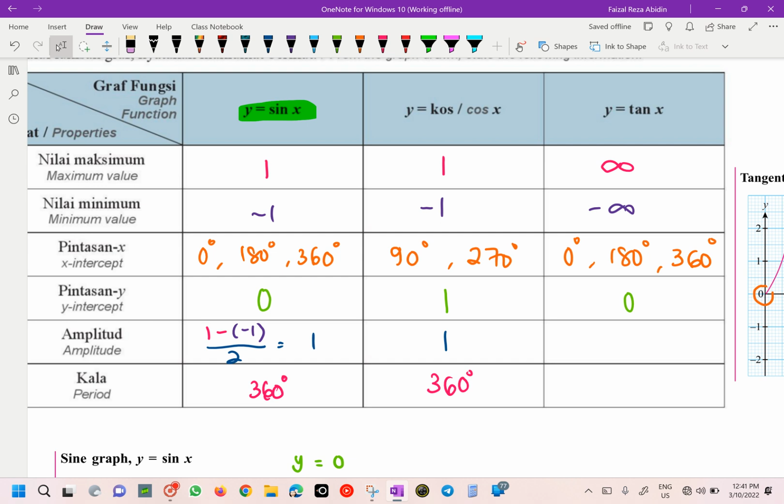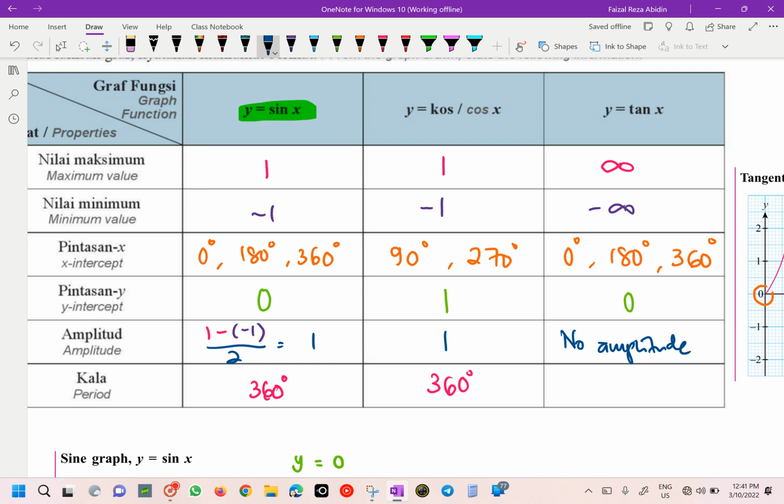Because we didn't have our maximum. How do you want to calculate? Math error minus math error. No amplitude. You are not going to say infinity. If you say infinity, that means that you can calculate. So this one cannot calculate. No amplitude.